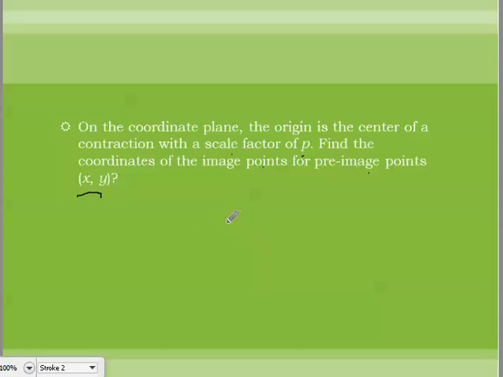What you're going to do is multiply p times x and p times y. That's what the scale factor does, okay? And so if it is a contraction, it's just going to be multiplied together like that. p will be less than 1 because it's a contraction, and it will make it shrink down a little bit. And that's how you can find the new coordinates.